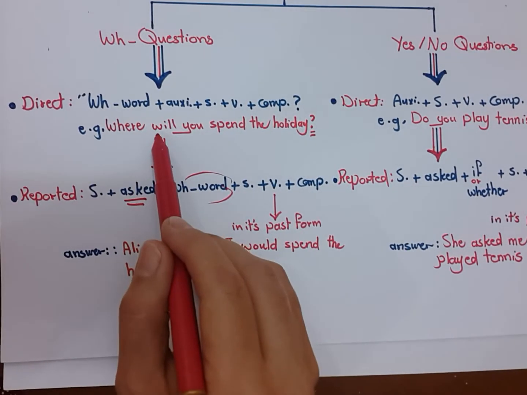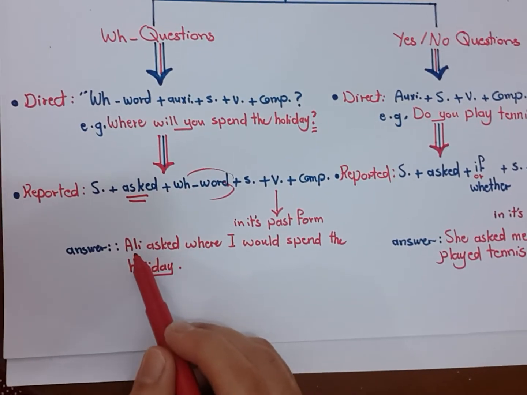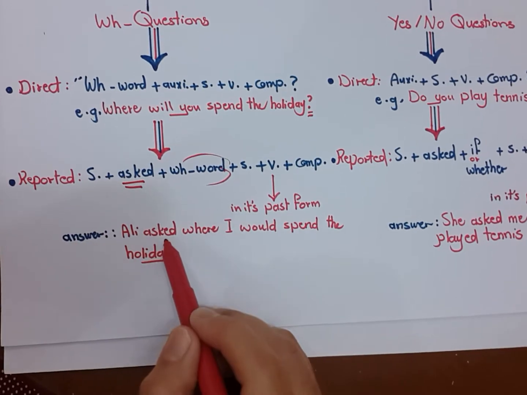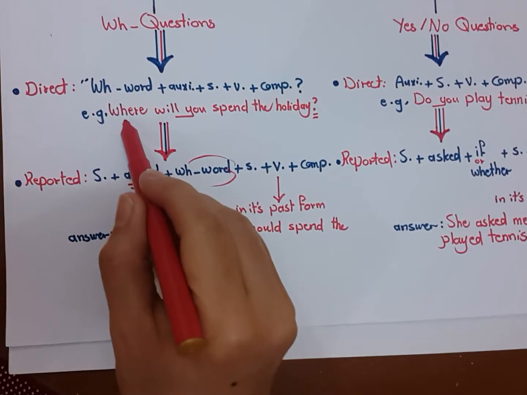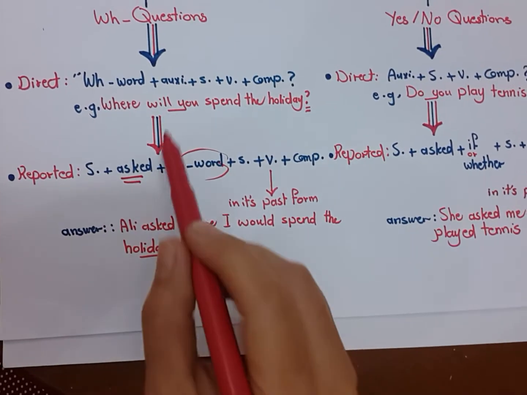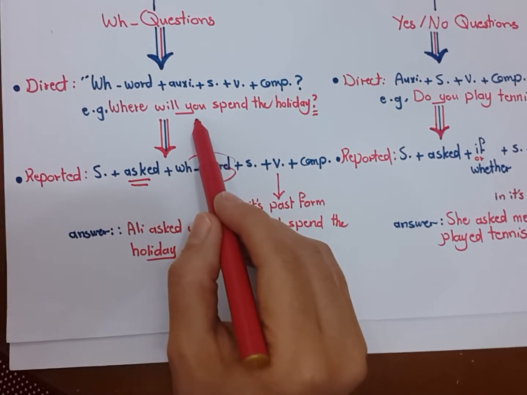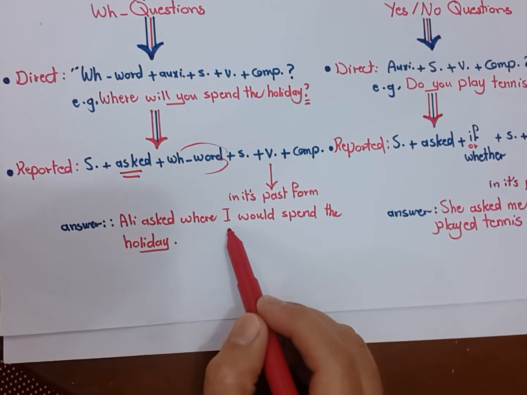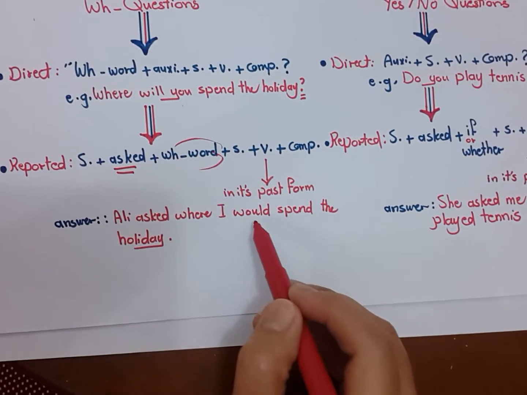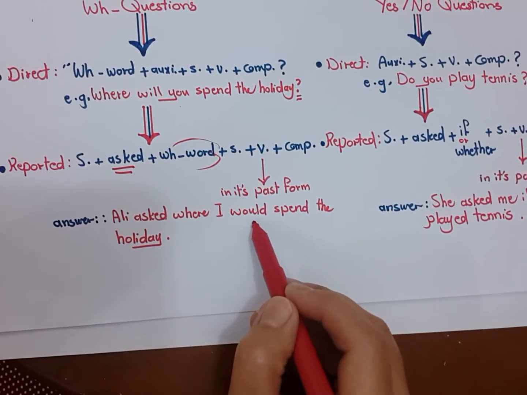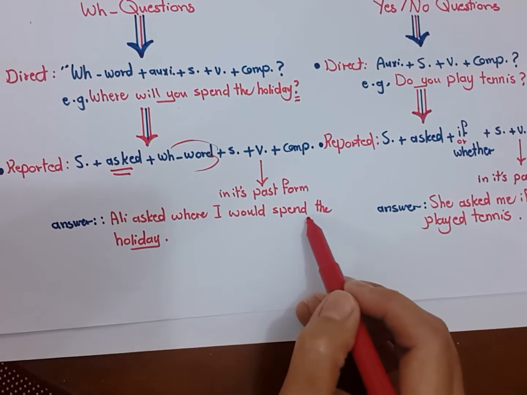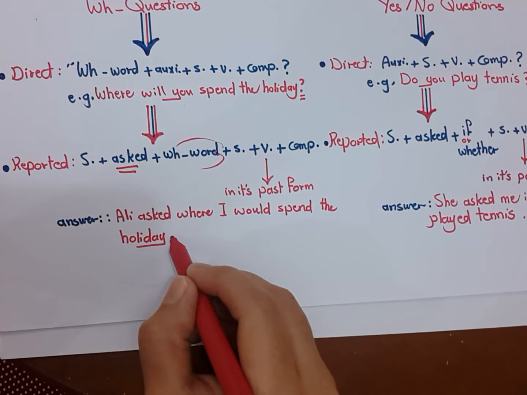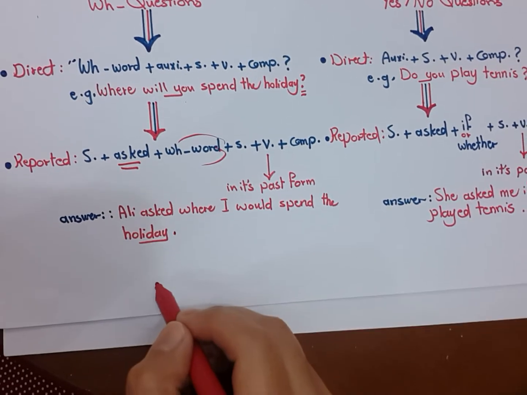So let's report this question. Assume that the subject is Ali. Ali, we use the verb asked, then the WH word, where. Where is the subject? You. This is direct, so we change it into I. Would be with, and spend the holiday, and end your sentence with a dot.